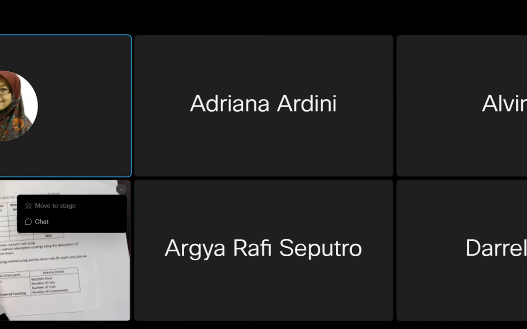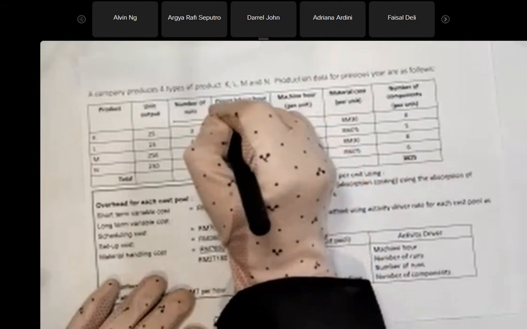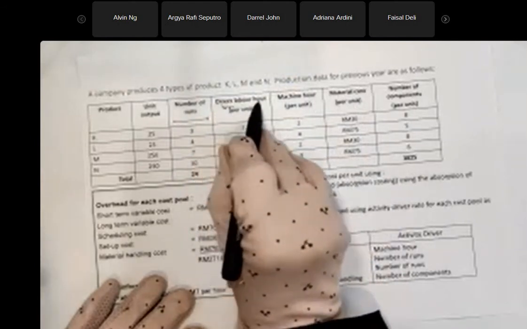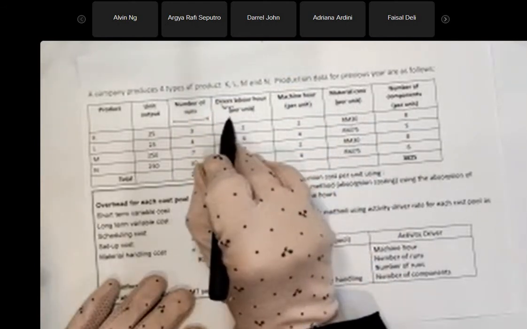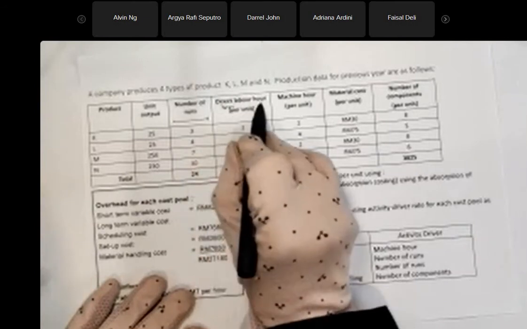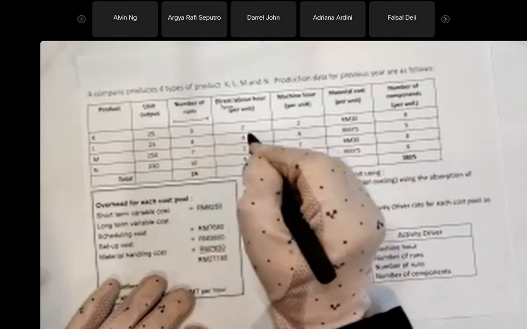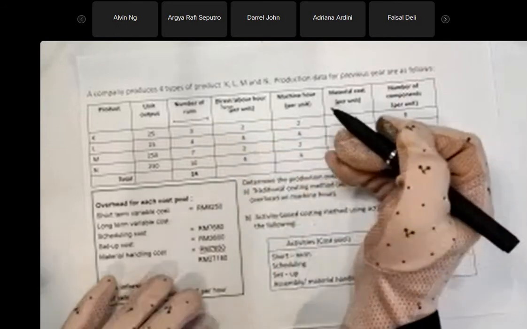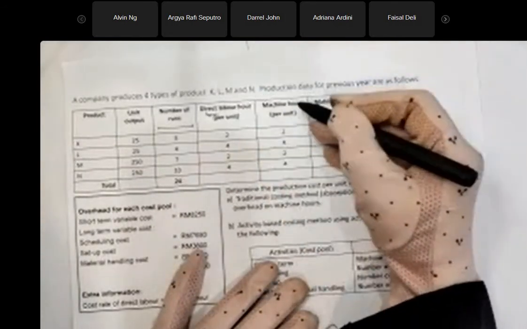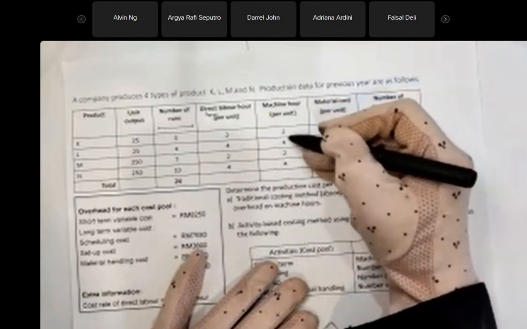Then the direct labor hour. Sometimes they are tricky: direct labor hour in brackets per unit, so it is hour per unit. And then this one is machine hour, also hour per unit.